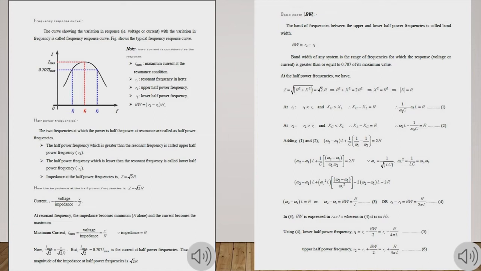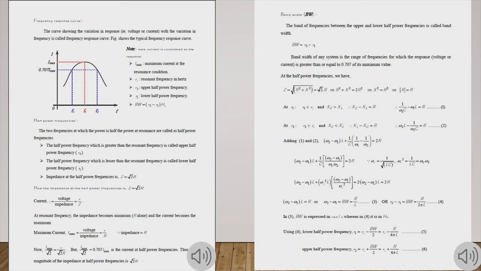X square equals R square, mod X equals R. At F1 less than Fr, XC is greater than XL, therefore XC minus XL equals R. 1 by omega 1 C minus omega 1 L equals R. At F2 greater than Fr, XC is less than XL, therefore XL minus XC equals R. Therefore omega 2 into L minus 1 by omega 2 into C equals R.